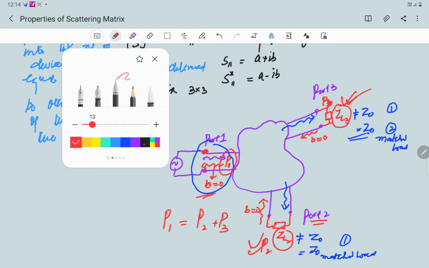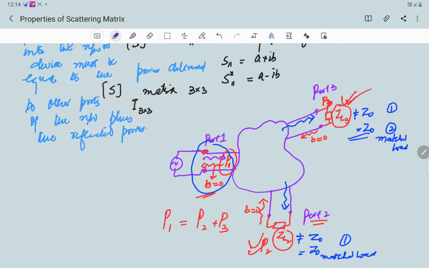Now if these loads ZL2 and ZL3 are not matched, that is, if they are not equal to Z0, in this case there will be a reflected wave as well. That would mean B1 is not equal to 0, B3 is not equal to 0, and at port 2, B2 is not equal to 0.